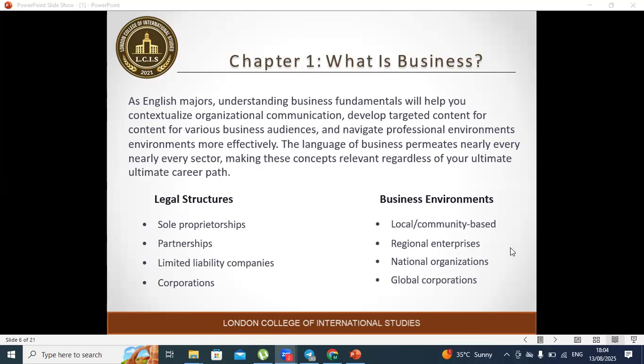Global corporations, it means outside the country. Just like if you start your own business in Egypt and you have some global partners with people from Syria, from Turkey, from Lebanon, from Saudi Arabia, from UAE. So it means you have global corporations.